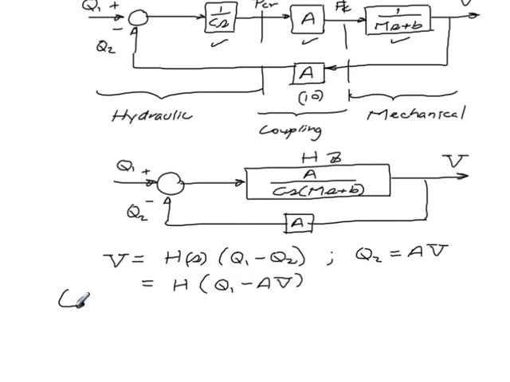From this, we solve for V. We'll bring one term over on the left-hand side: 1 plus AH times V is equal to H times Q1.